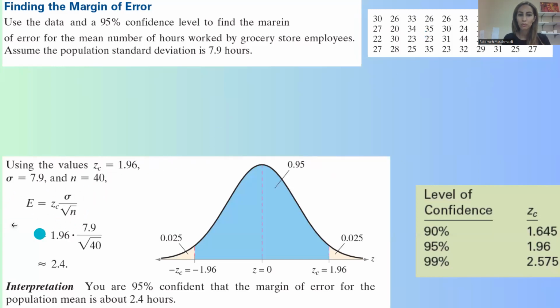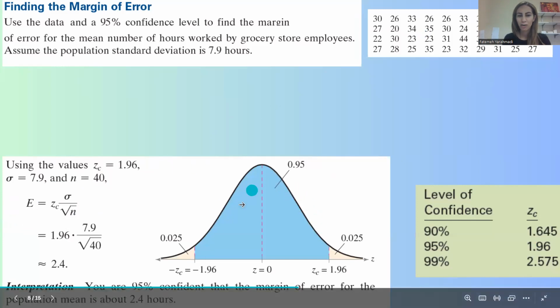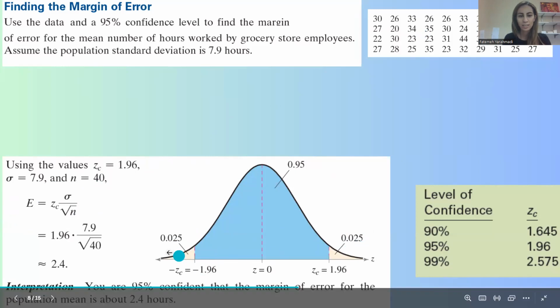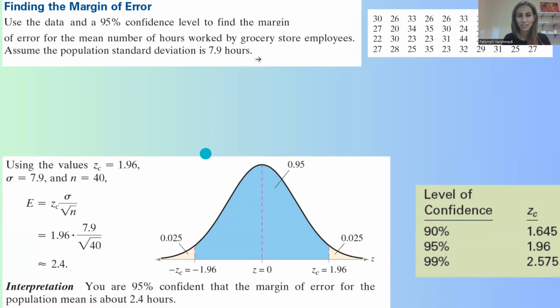And this is the formula that you're following. Again, you have 95% level of confidence. 5% is divided up into two pieces. 0.025 or 2.5% on the right, 2.5% on the left. If you use your calculator, inverse norm, let me show you.